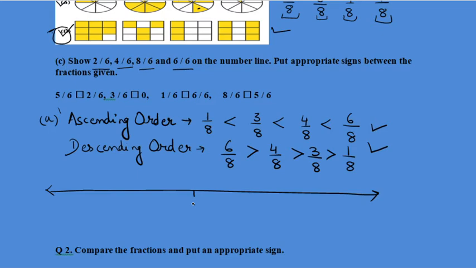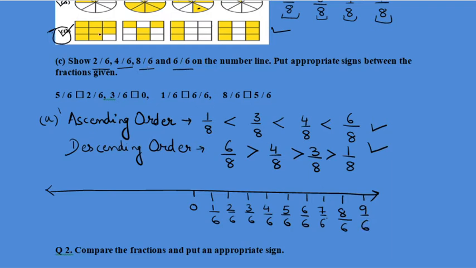So in the center 0, then 1 by 6 because denominators are same. 2 by 6, 3 by 6, 4 by 6, 5 by 6, 6 by 6, 7 by 6, and then 8 by 6, right? And lastly we'll write 9 by 6.